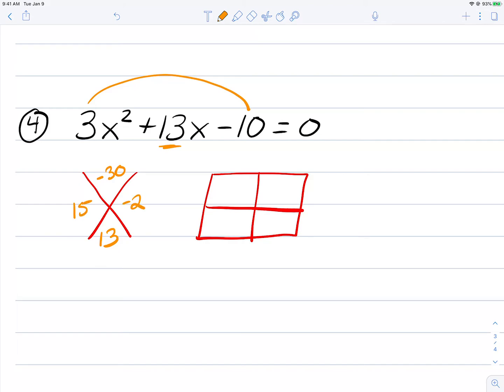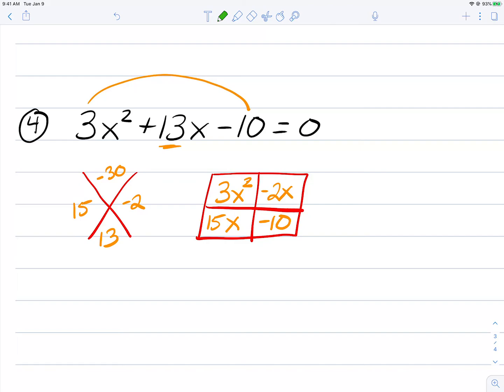So in the upper left-hand corner of our box, it's always the squared term, so 3x squared. The bottom right is always the constant, so negative 10. And then the two numbers we just found go in the other diagonal, and they go with x's. And if you had switched your 15 and negative 2, it's the same answer, and you're fine.